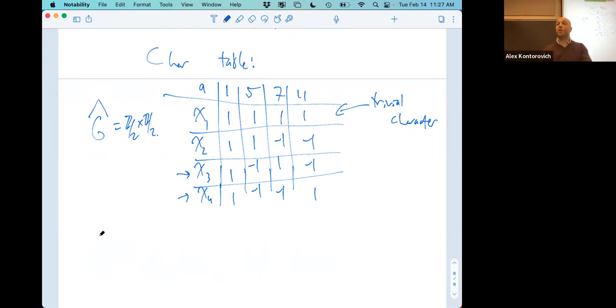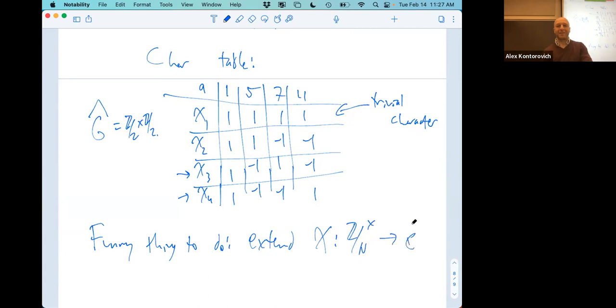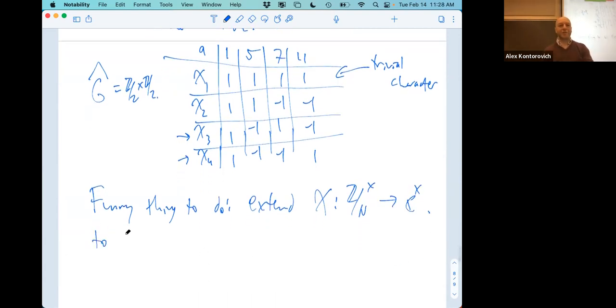Here's the funny thing that we're going to do that's going to look kind of like summing over the integers in the theta function, but dilating. Funny thing to do. Extend chi, which is born as a function on Z mod n, a nice character, to a function on all of Z mod n.